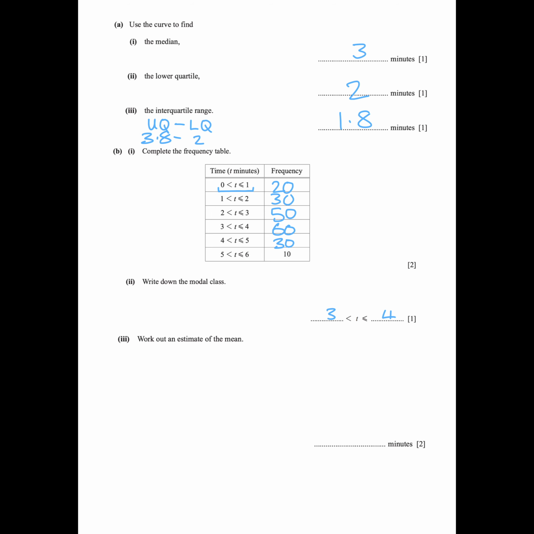To find the mean, we can type this straight into our GDC. To do that, you would do the midpoint, which is 0.5, or we can do it on here, 0.5, 1.5, 2.5, 3.5, 4.5, 5.5.